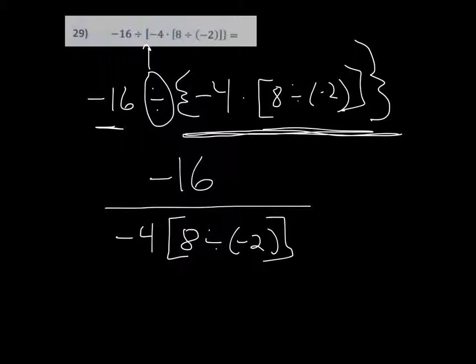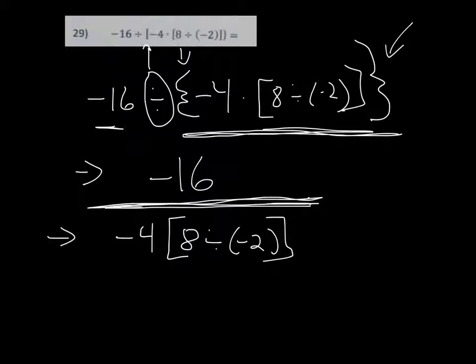And in that case, I can get rid of these goofy brackets, because when you have the division line that goes all the way across, that is kind of your all-encompassing. It means that you got to take this 16 and divide it by the total answer of everything underneath the divided by symbol, the fraction line. Make sense?